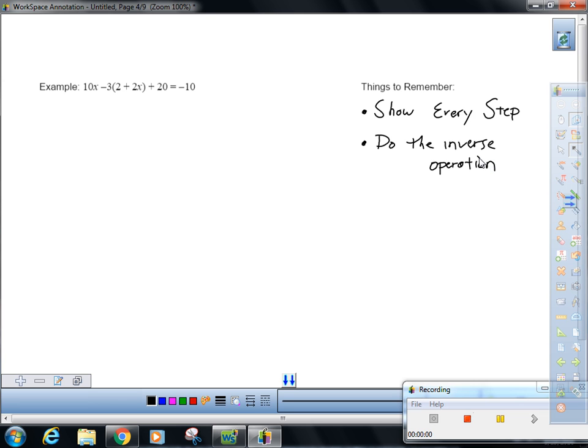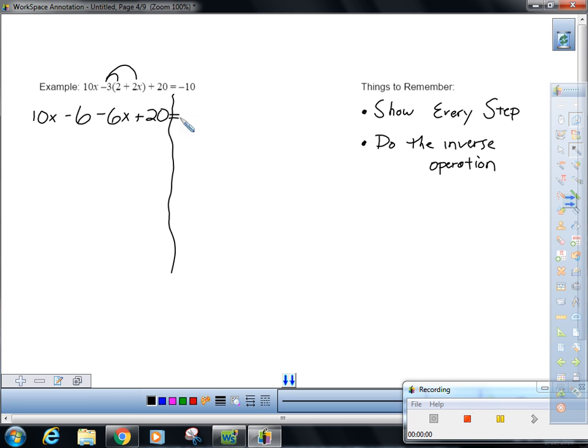Okay, so for this one, all of the x's are on the left side of our equal sign, so there's nothing to do at the beginning other than clean this thing up. So we're going to distribute, and that'll give us 10x minus a negative 3 times 2, which is a negative 6, a negative 3 times 2x is a negative 6x, plus 20.